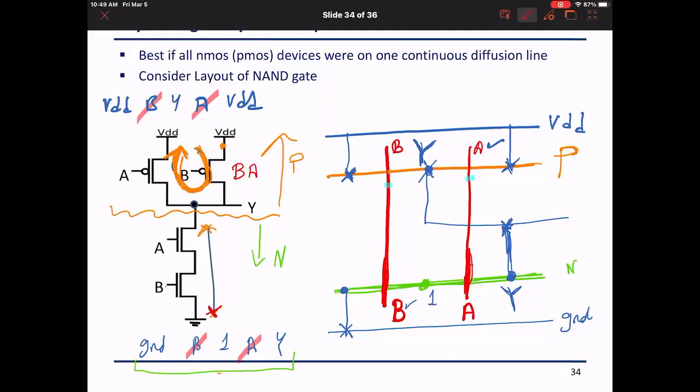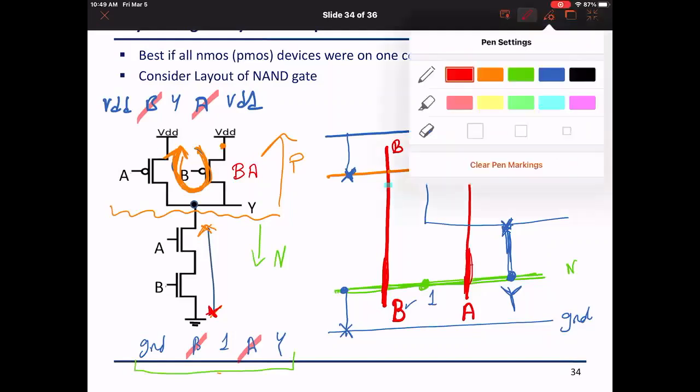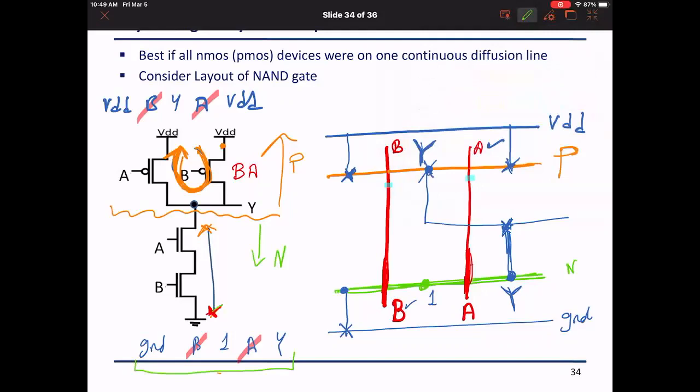Yes, this path is going to start from, sorry about this, from here, visit B, then A, and end here. Have I visited all the NMOS transistors with this path? Yes. So this is our objective. I found a path similar to the one in the PMOS.